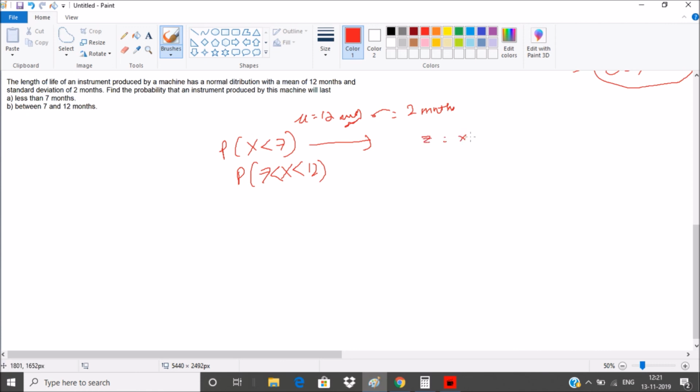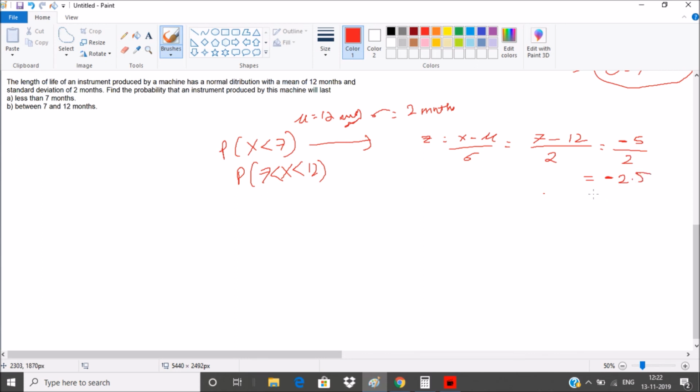So let's find out this probability first. How we can do that is z is equal to x minus mu upon sigma. That is, we're asking for an x value of 7 and we're subtracting a mean of 12 from that and dividing that with 2, which is minus 5 upon 2, which is minus 2.5, right?